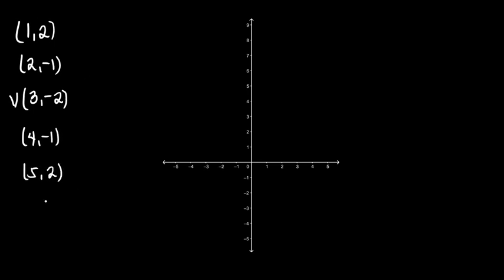First, we will plot these points starting with the vertex. The vertex is, no, (3, negative 2), I should say. (3, negative 2) is located here.